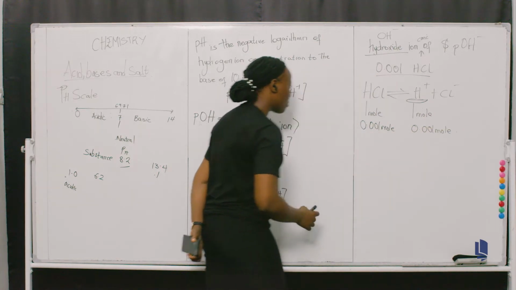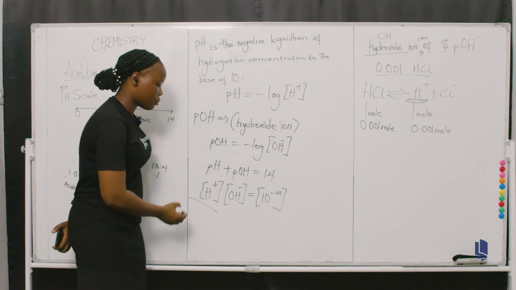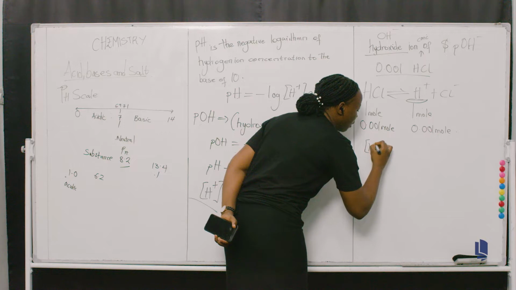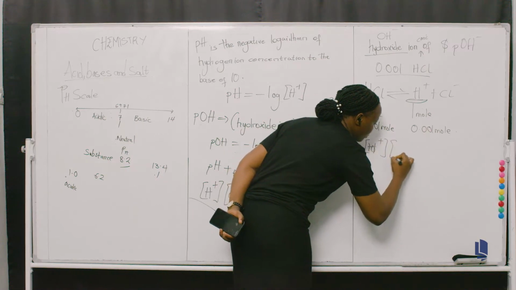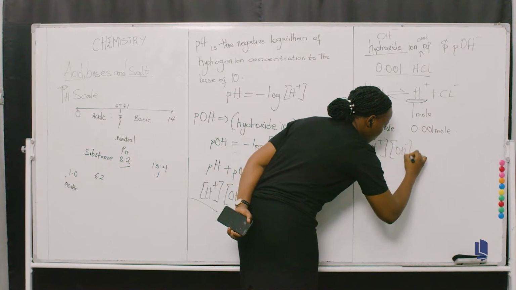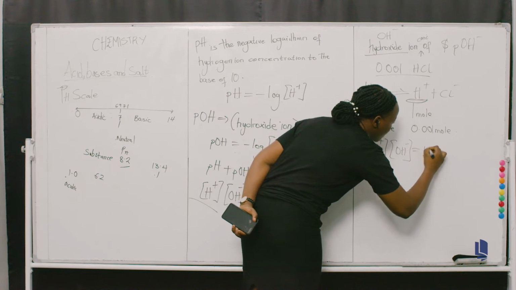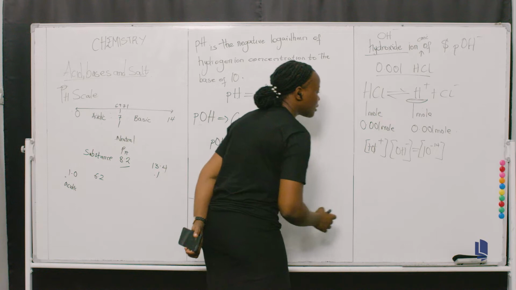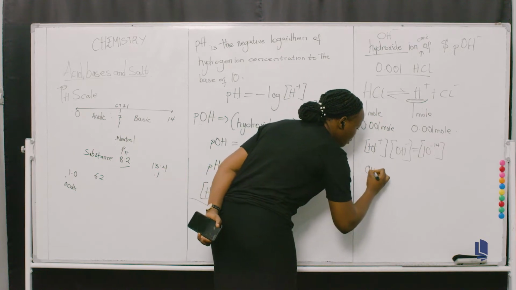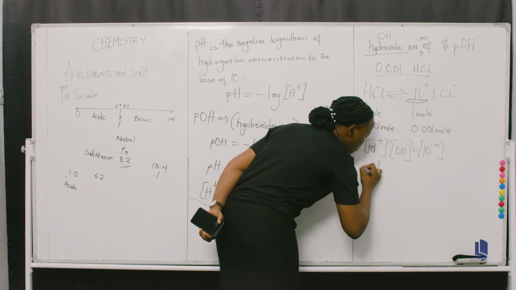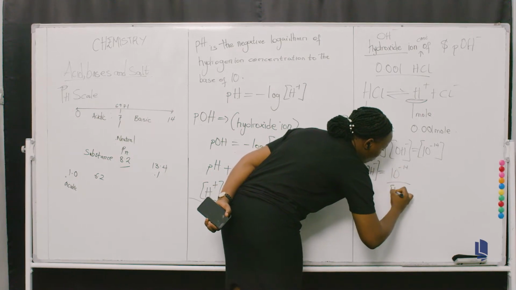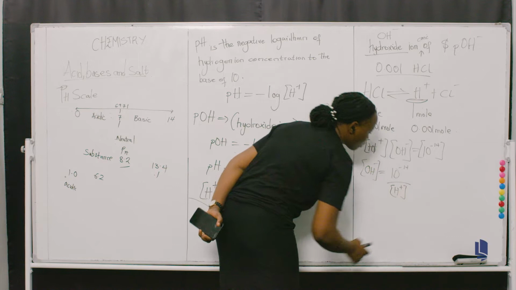And I know this formula, that hydrogen plus times OH minus would give 10 raised to power minus 14, right? And so from this, OH minus would be equal to 10 raised to power minus 14 divided by that of H plus.